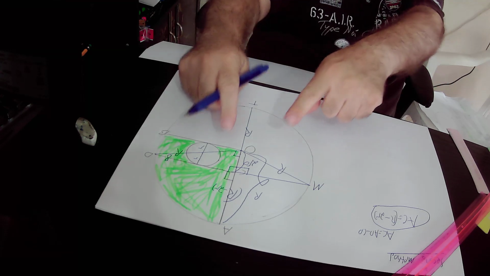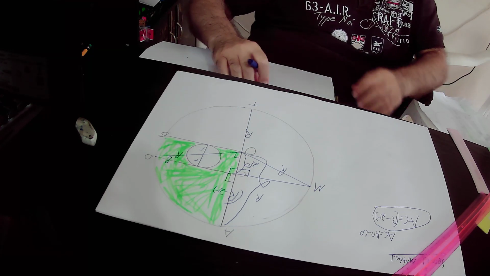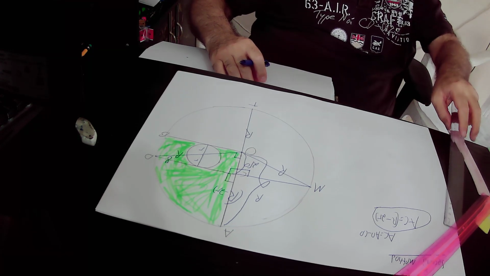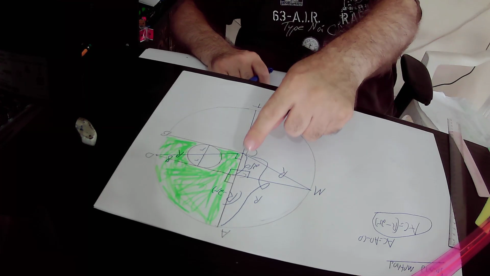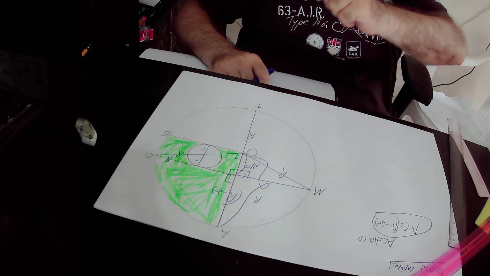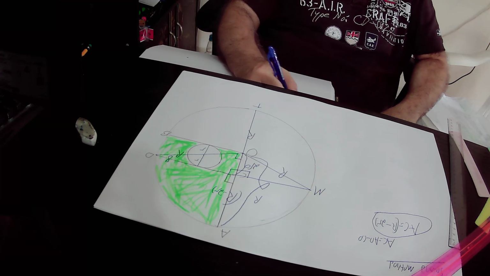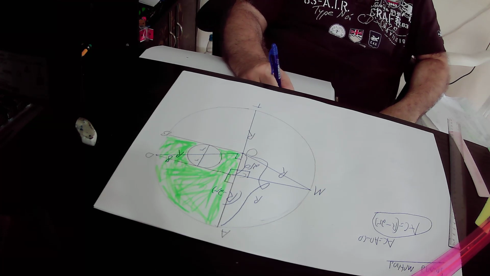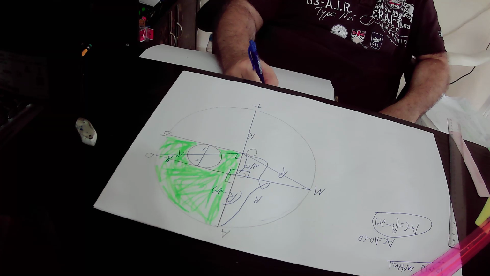So why can those two right triangles go into each other? First of all, we have side CO, that is a common side, it belongs to both triangles. So CO equals itself as a common side that belongs to both triangles.